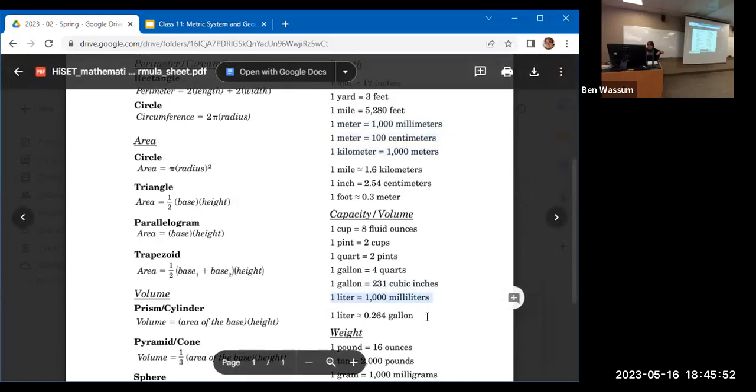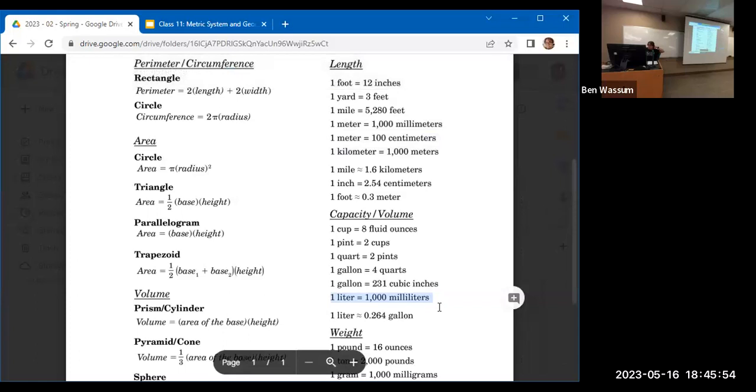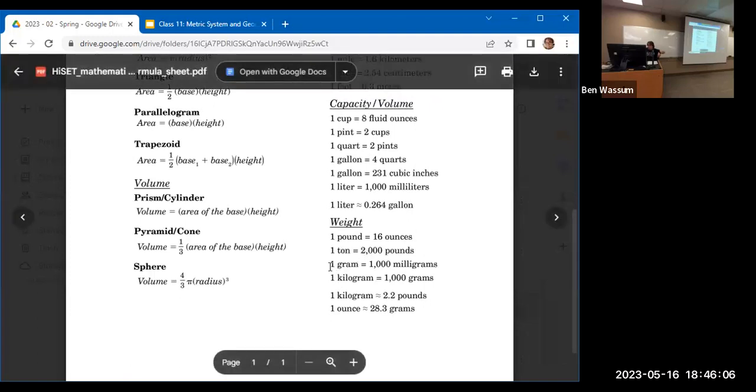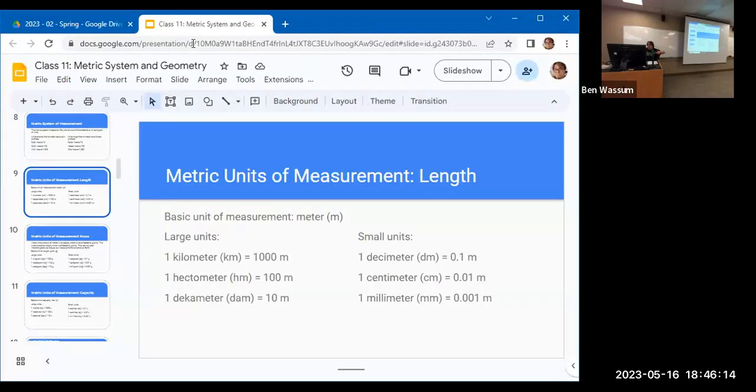In capacity, guess which ones you tend to use for the metric system? Literally just liters and milliliters. You don't really use a whole lot else. And then weight is in grams, kilograms, milligrams. You don't use a whole lot past that.